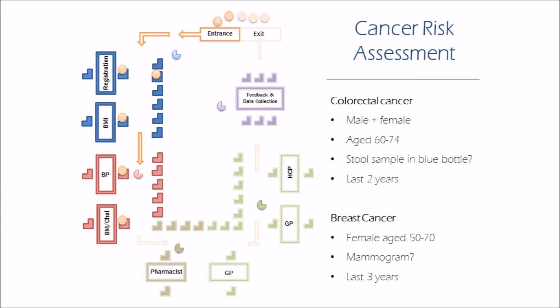The colorectal question applies to both male and female patients aged between 60 to 74 years. They should be asked, have you been asked to give a stool sample in a blue specimen bottle in the last 2 years? If no, they should be signposted to their community GP to arrange this. The breast cancer screening question applies to female patients aged 50 to 70.